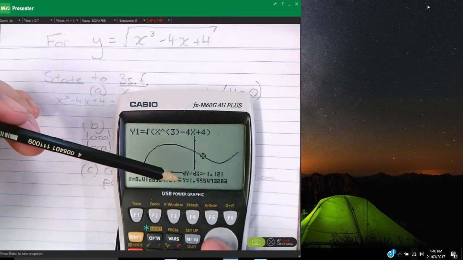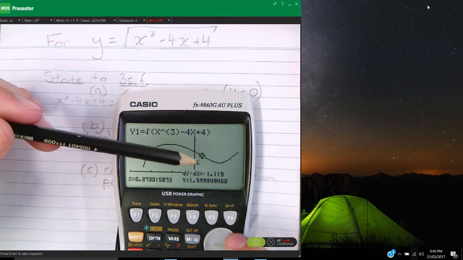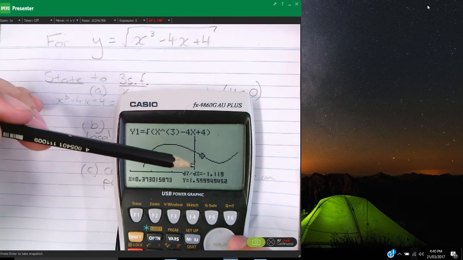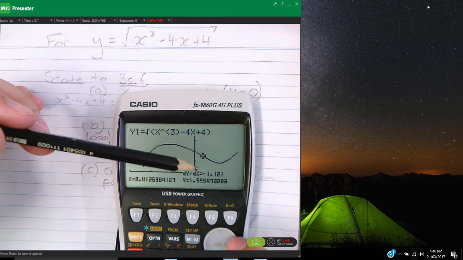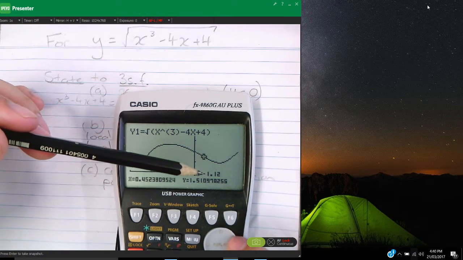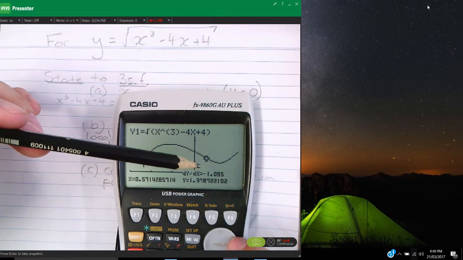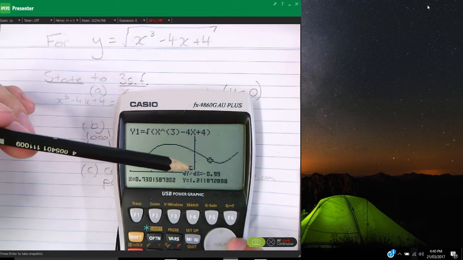See, that was a slope of minus 1.119, minus 1.121, minus 1.12, and then you see the slope is getting less steep, so we have a less negative slope. So let's go back to where that changed.